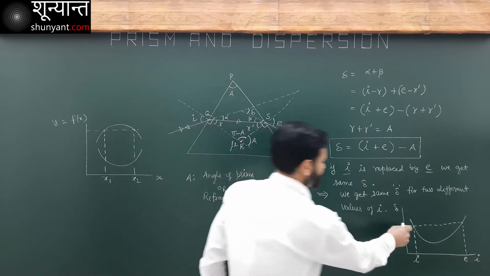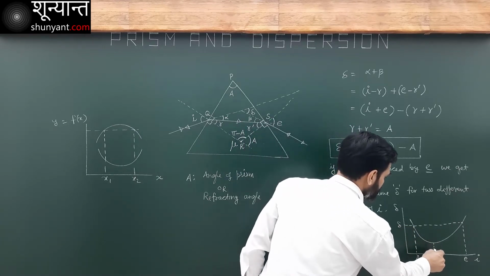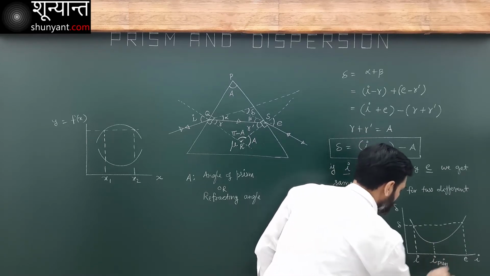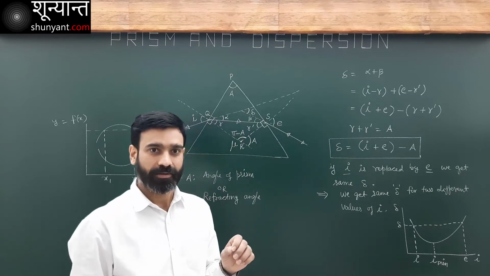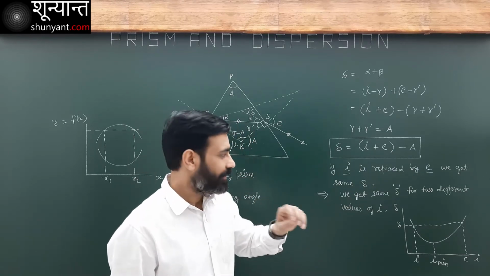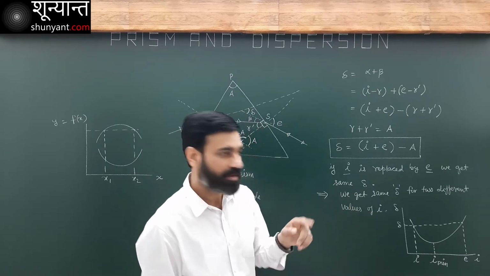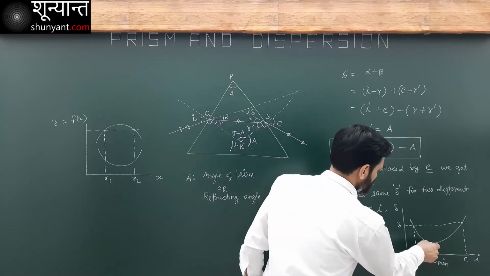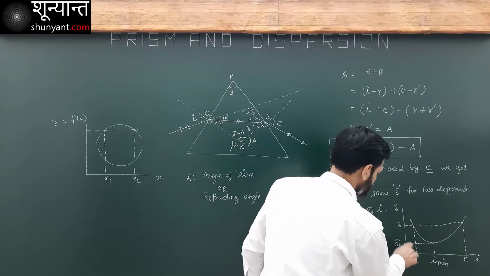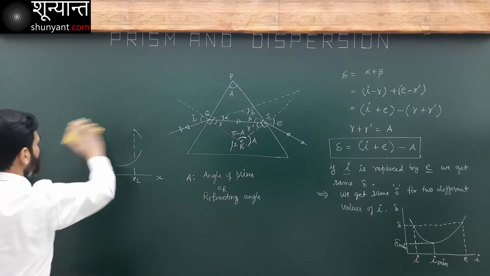At one particular value, it is going to be minimum. This is known as I minimum. I minimum is not the minimum angle of incidence. The minimum angle of incidence is going to be 0. I minimum is the angle of incidence corresponding to minimum deviation. This is minimum deviation.